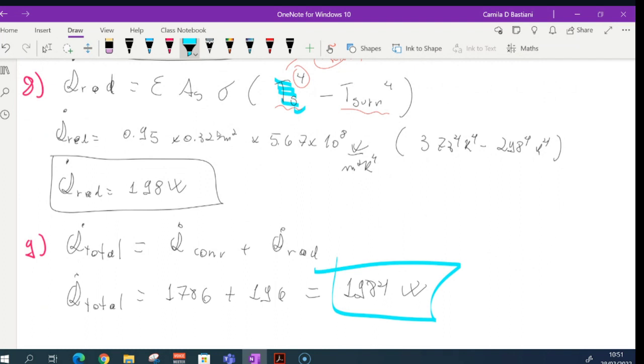And here we go. This is our total rate of heat transfer for this situation.